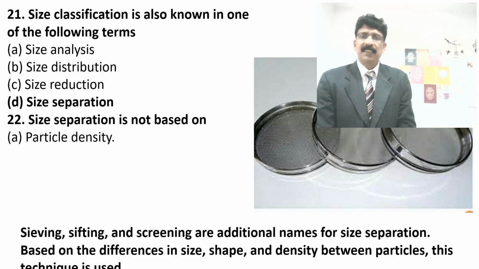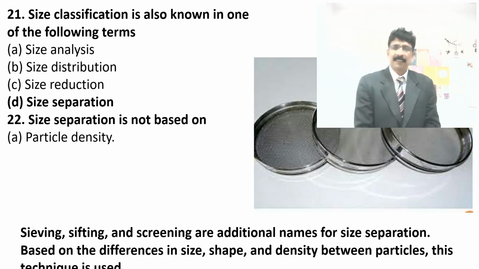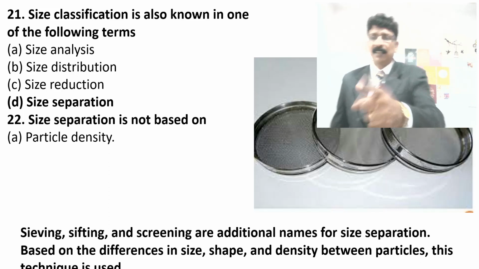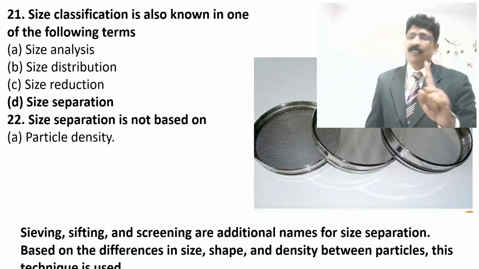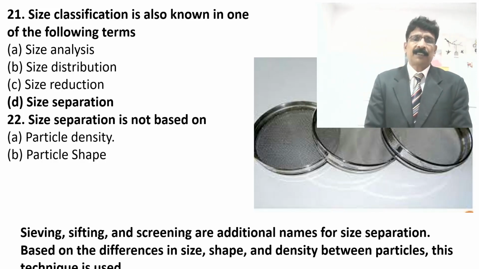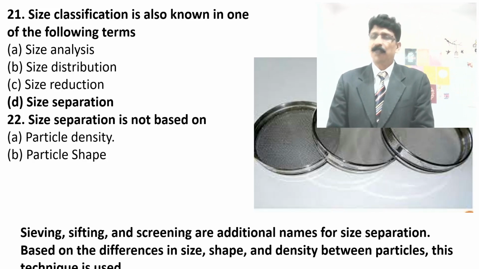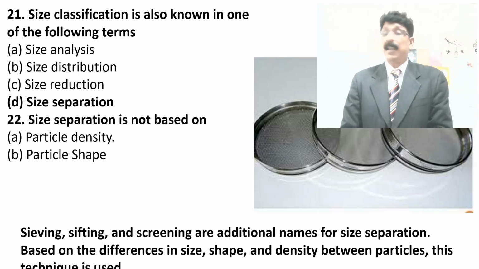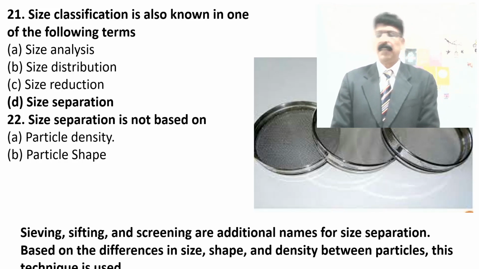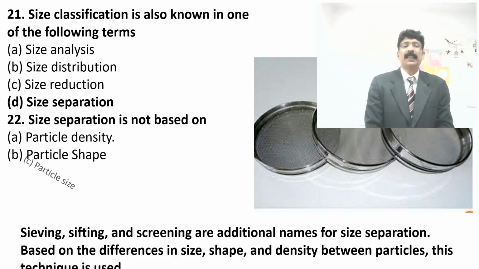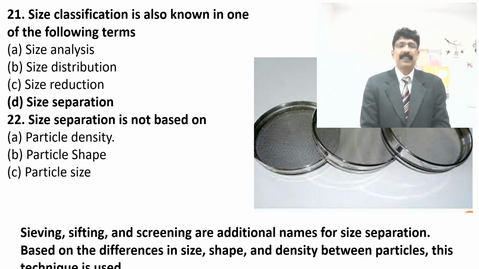Particle density has no influence on size separation. Particle shape also: when separating on a sieve, shape doesn't have much impact. Sometimes uniform shape and uniform size go through.